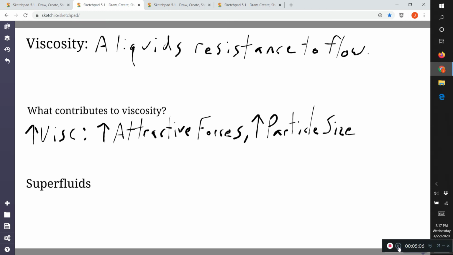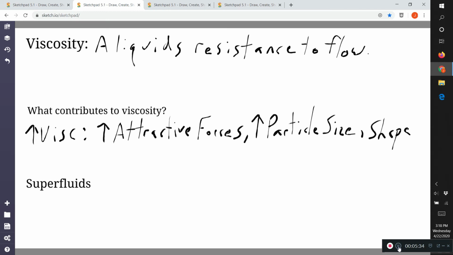We talked about that when we talked about gases. Just as it's true for gases, it's also true for liquids. If we increase the size of the particle, it's going to flow more slowly. Now, one thing that's not really an increase, but the shape of molecules can affect the viscosity. If the molecules bind together a little bit better based on their geometry, they lock together a little bit better, it's harder for them to flow.